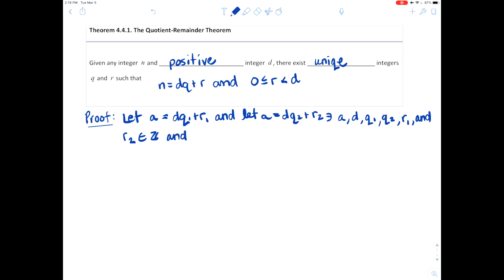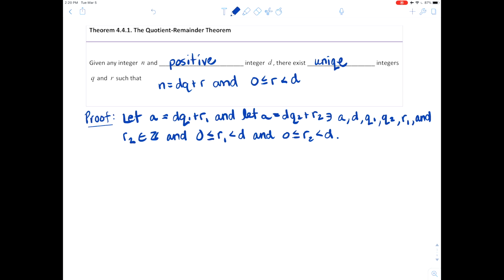And 0 would be less than or equal to R1, which is less than D, and 0 would be less than or equal to R2, which would be less than D. And that's all from what? The quotient remainder theorem, all right?